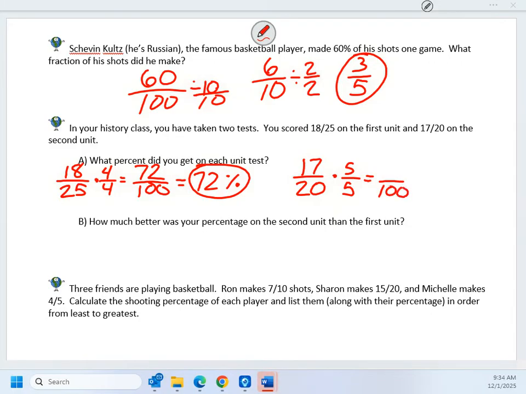Whatever I multiply the bottom by, I multiply the top by. What is 17 times 5? Matt? 85. So now I have 85 hundredths. How do I find my percent? Presley? I take that numerator and I turn it into a percent.